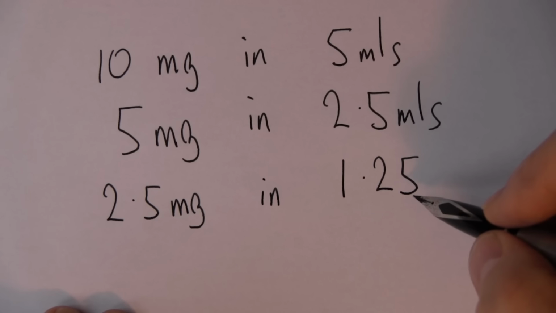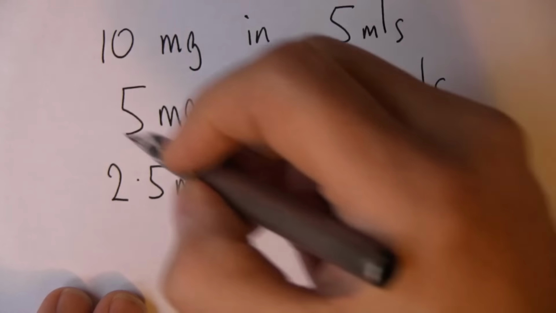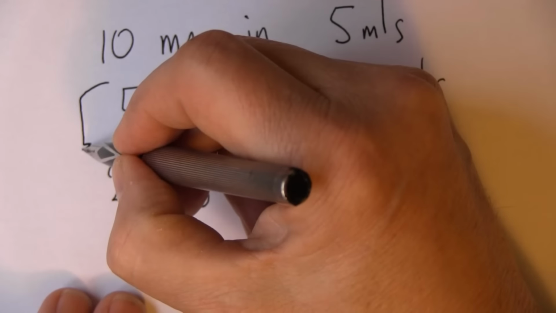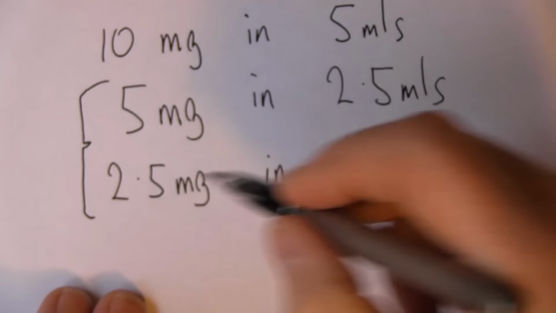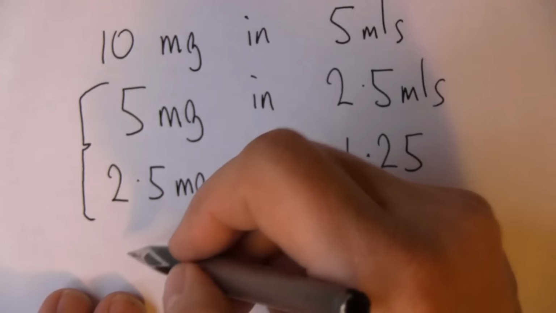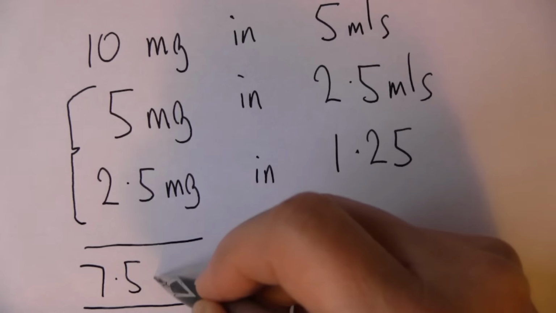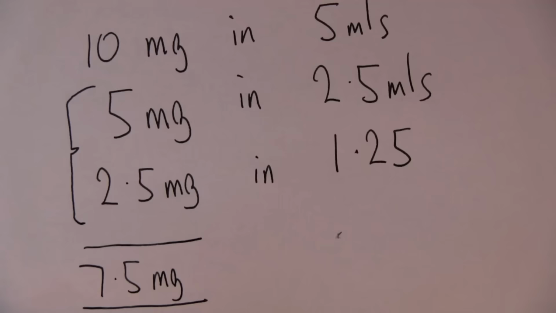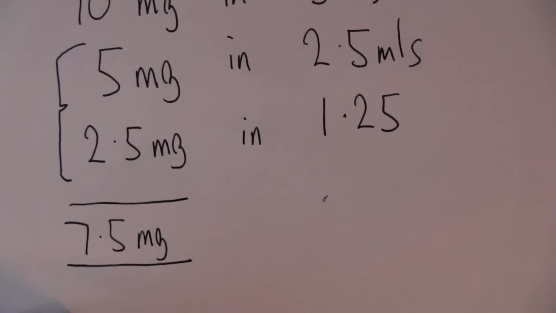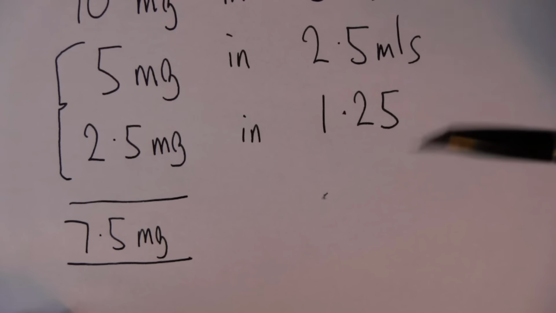Now we want to give 7.5 milligrams. So can you see that 5 milligrams and 2.5 milligrams together equals 7.5 milligrams. So 5 plus 2.5 equals 7.5 milligrams, which is what we want to give. So can you see we would get that by adding together 2.5 and 1.25.